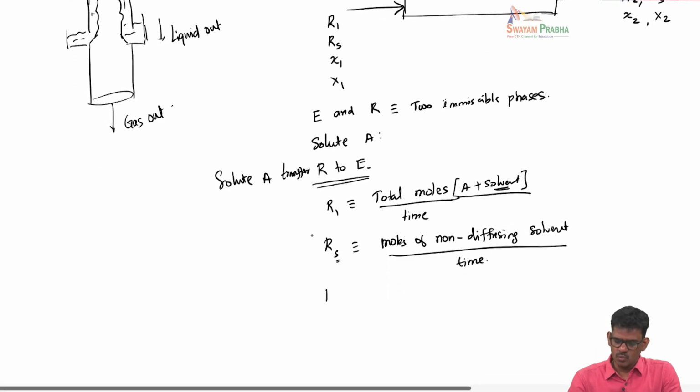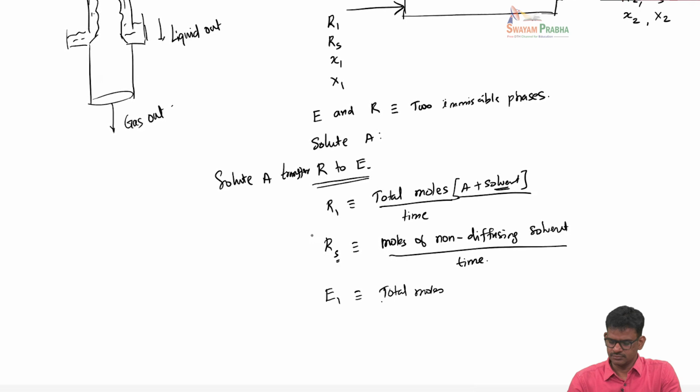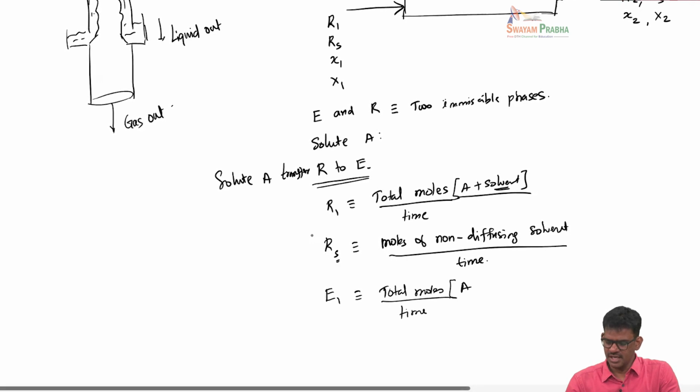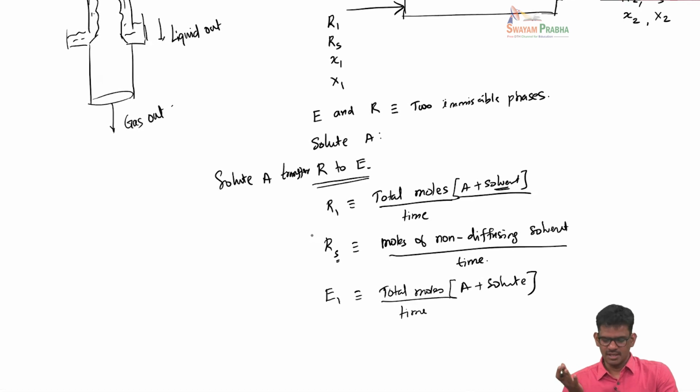Similarly, this E1 is the total moles per unit time. This also contains A plus solvent of the other phase. The solvent in the two phases need not be the same. Again, as an example, the E phase can be water, which is non-diffusing, and only CO2 is diffusing.